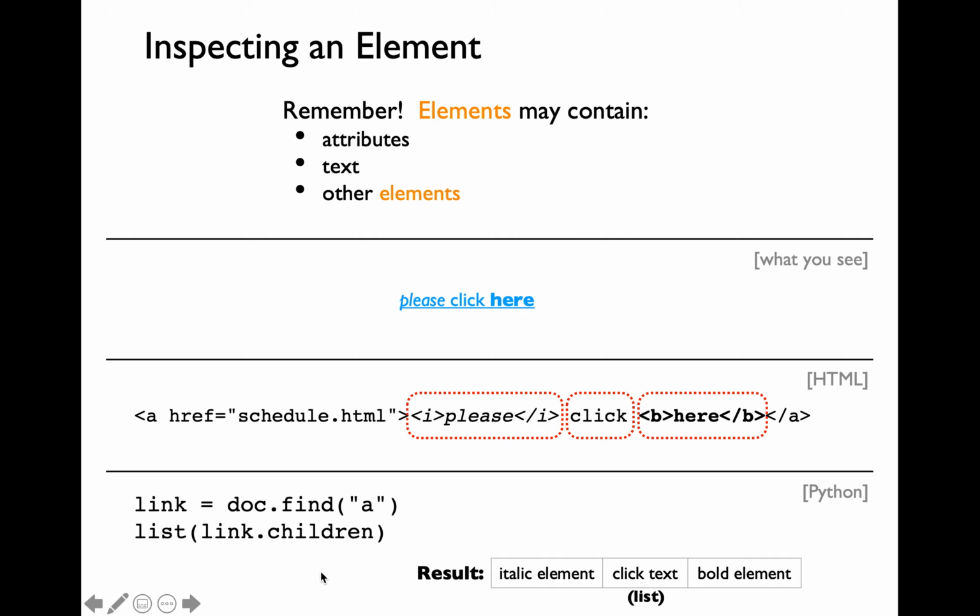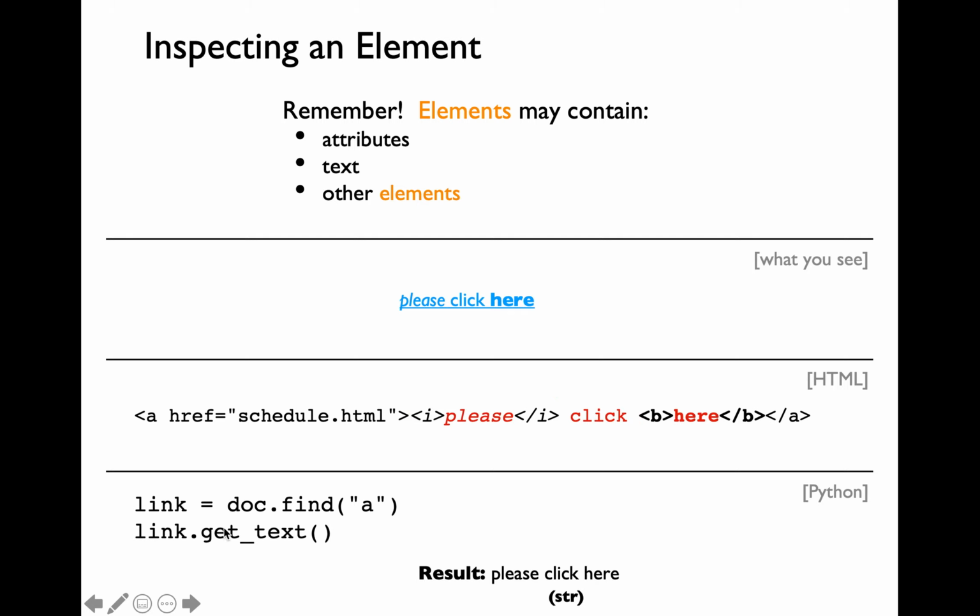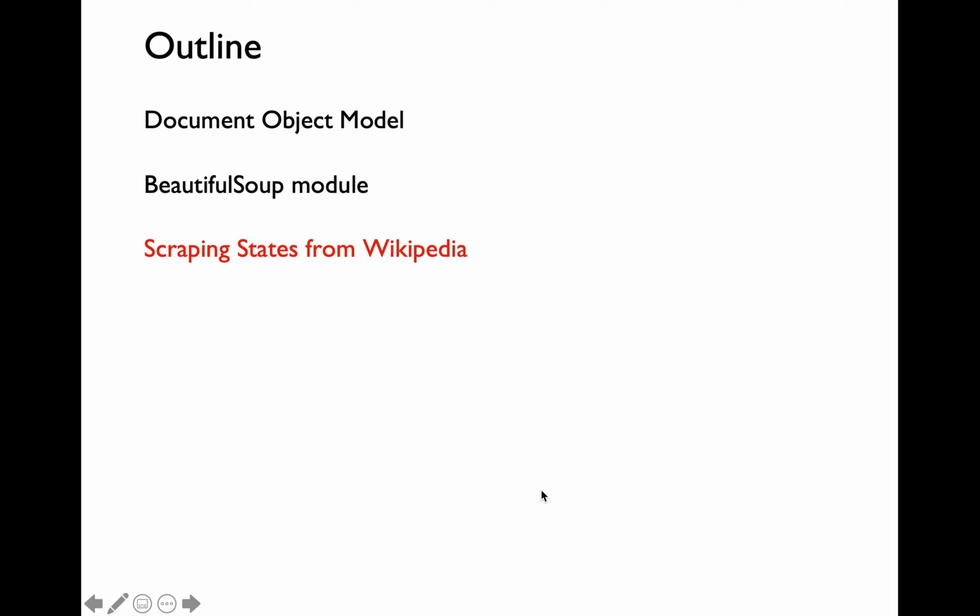This is going to be similar to typing link.children. get_text alone is going to be a function call with the parentheses. link.attrs is going to retrieve a dictionary where your key within the dictionary is going to be the attribute name inside the corresponding HTML tag, and the value is going to be the attribute value. In this particular example, the key is going to be string href and the value is going to be string schedule.html. I'll wrap up this video here.